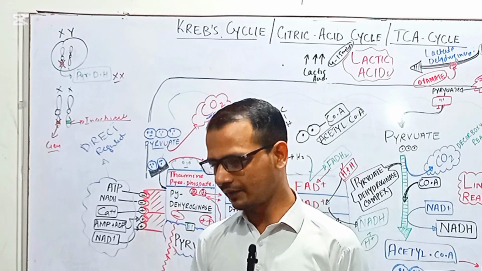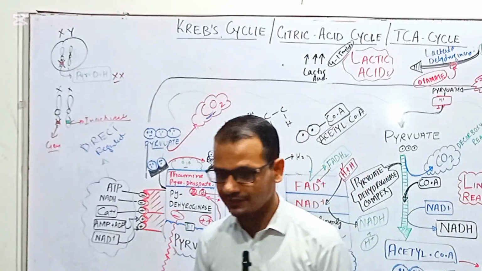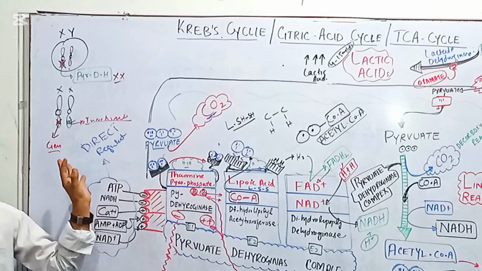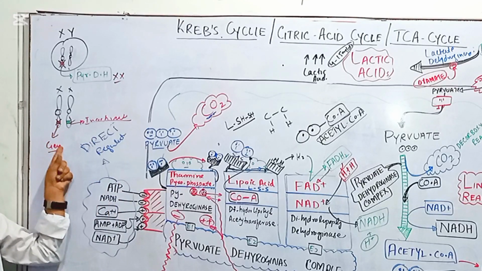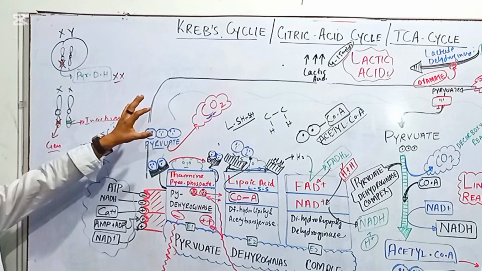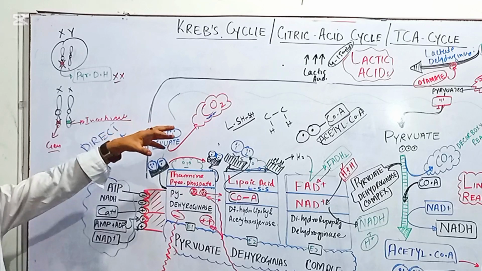And will cause lactic acidosis, and all these conditions can be possible in females also, right? If this condition was not there, imagine if this gene is not functional and this gene will be functional, this condition will not be present in females.